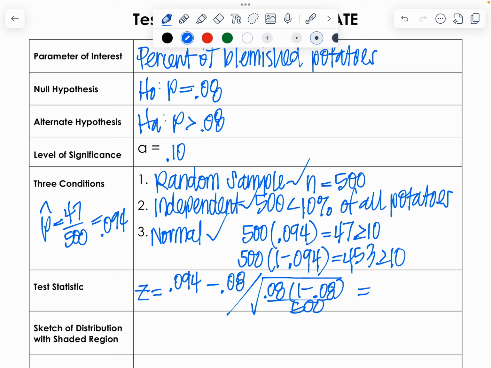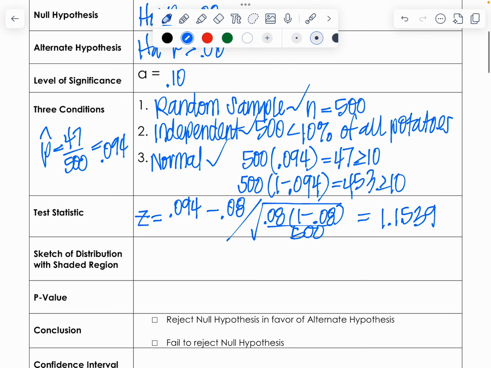All right, so 0.094 minus 0.08, so we'll do 0.014 divided by that standard deviation, and 1.1539 is what I'm getting for our z-score. So we're 1.15 standard deviations above the mean.